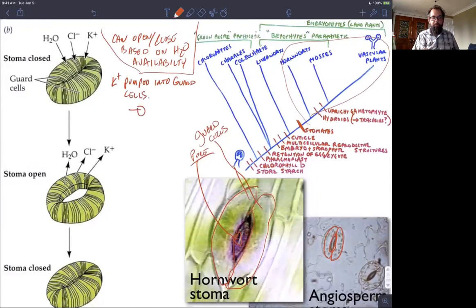As a result of pumping potassium into those guard cells and increasing the ion concentration inside of the guard cell, the ion concentration inside the guard cell becomes more than the concentration outside of the guard cell. And so because of that, water can, by osmosis, diffuse into the guard cell.